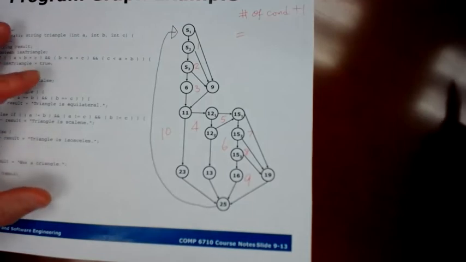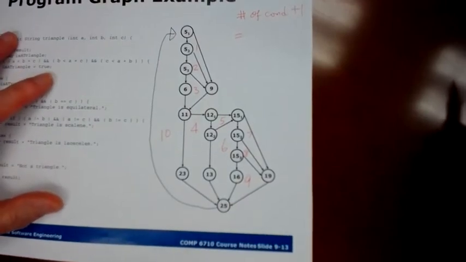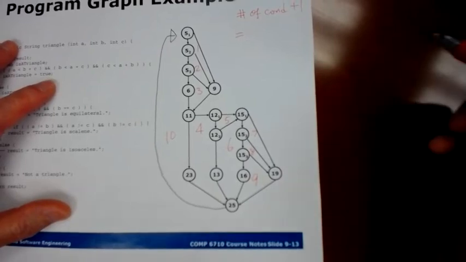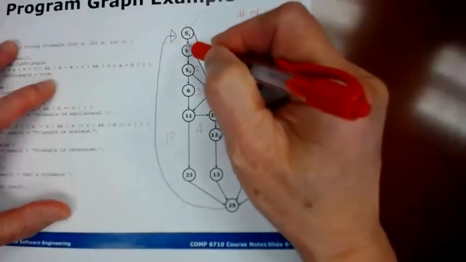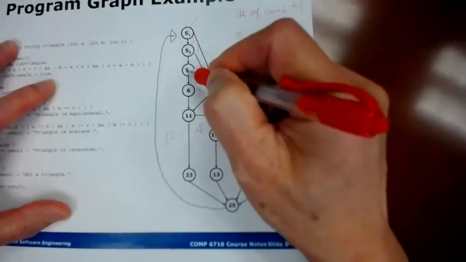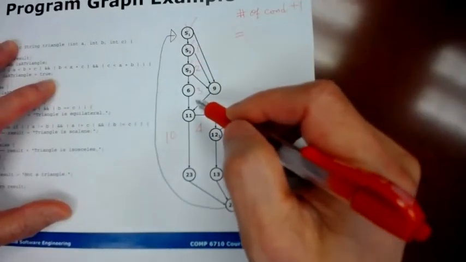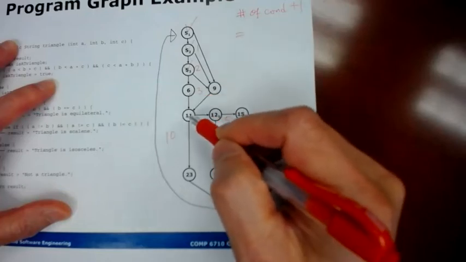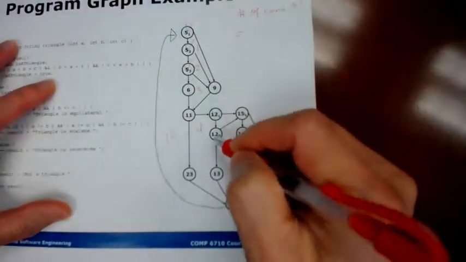So ladies and gentlemen, are you ready? Shall we count the number of conditions we have here? Is this one a condition? Yes, that's a condition. Is this one a condition? Yes. This one? Yes. Is this one? No, it's not. There's only one outcome. This one? No. This one? Yes. That's a condition. This one? Yes. Yes.